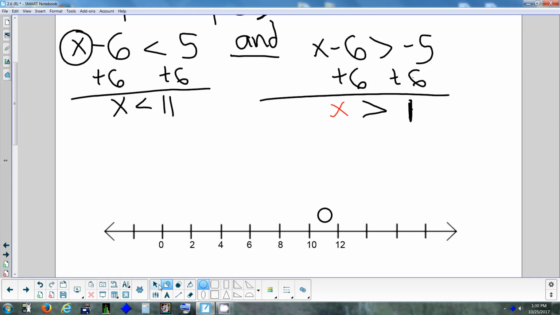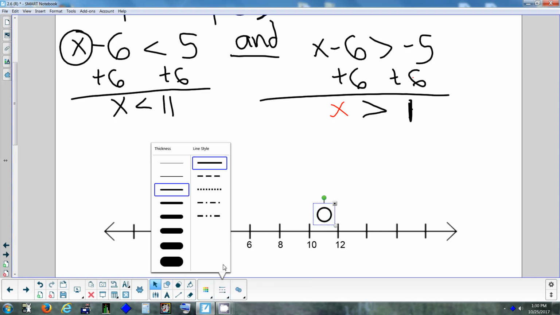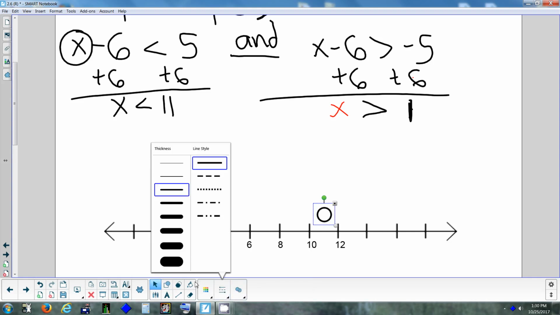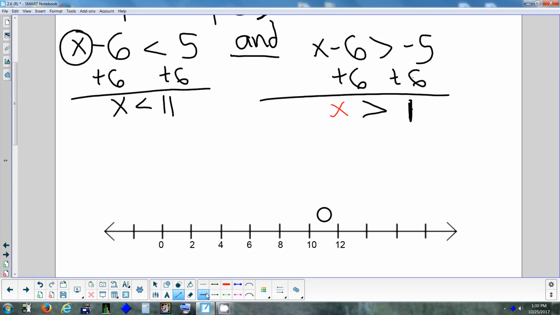Good. And what direction will my line go? To the left or to the right? Your arrow's pointing left, right? So you want your line to go to the left. This way, okay. Alright, and then we've got to go in that way.